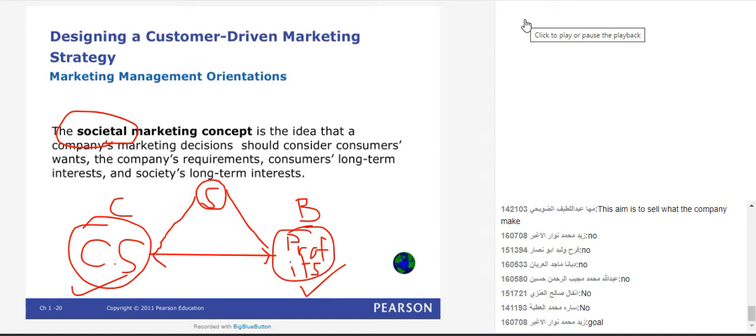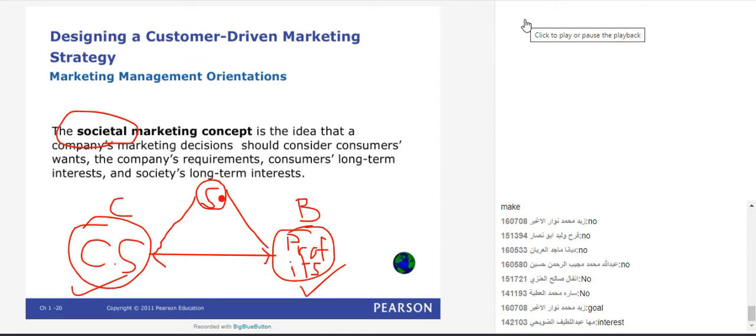The society must benefit from this equation. What is society's role in this whole story? Why is society needed here? Because the customer is a part of the society and the business is a part of the society. So if you get profit and the customer gets satisfied, the rest of the society gets to benefit as well.